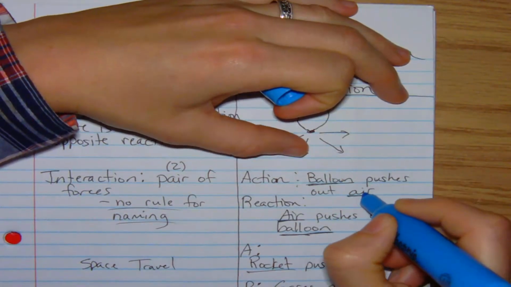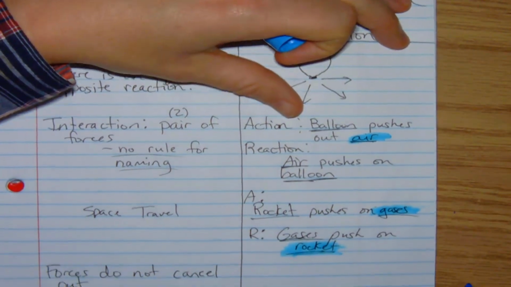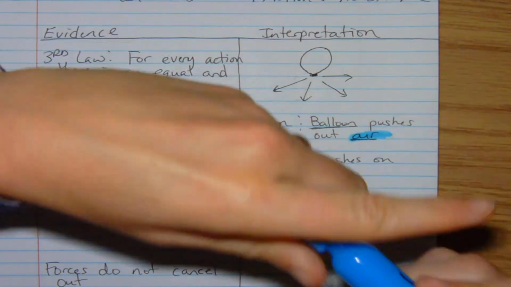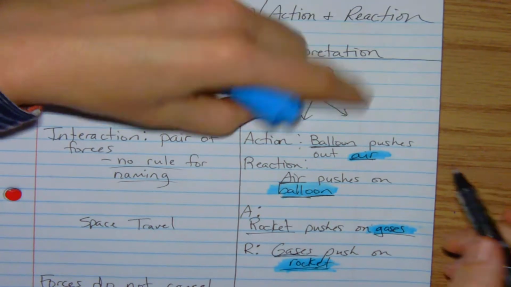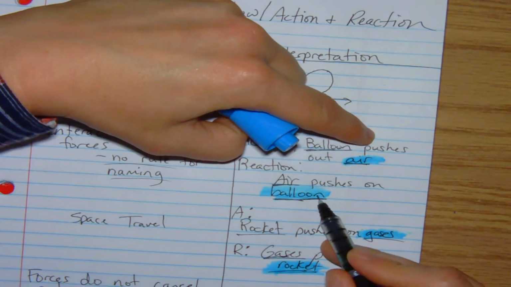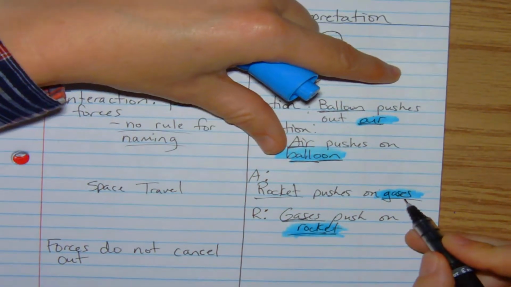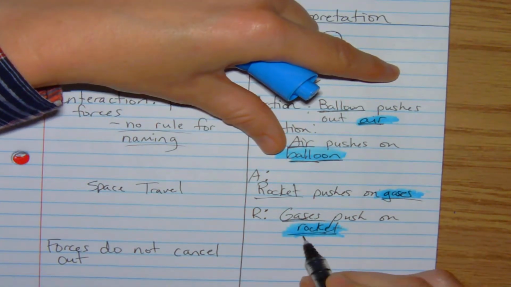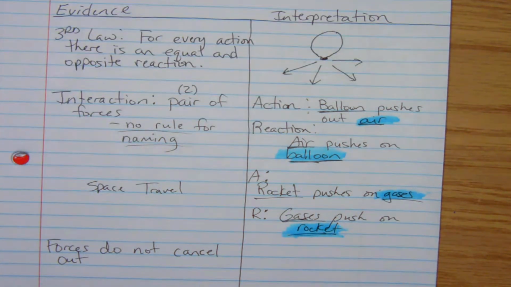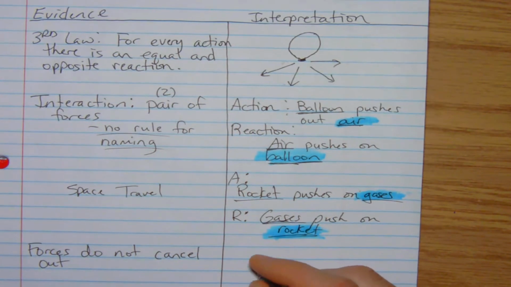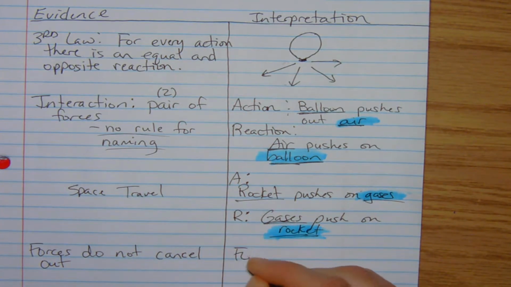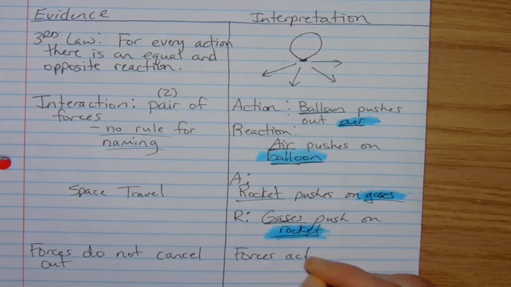The balloon is pushing on the air here, and in the reaction, the air is pushing on the balloon. Those are different objects. If you were doing a free body diagram, you'd have to do one of the air. The air would have to be in a square, and the balloon would have to be in a square. Here, the gases would be in a square, and then the rocket would be in its own square. You don't lump them together. So they do not cancel out, and the reason is because the forces act on different objects.